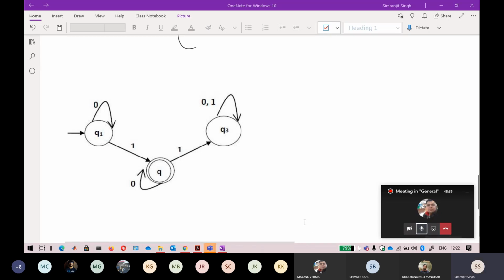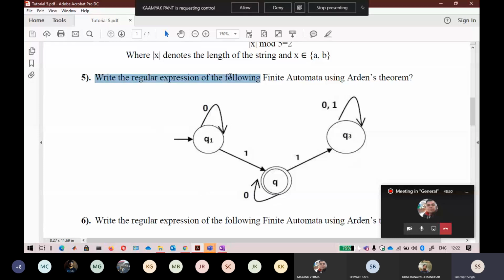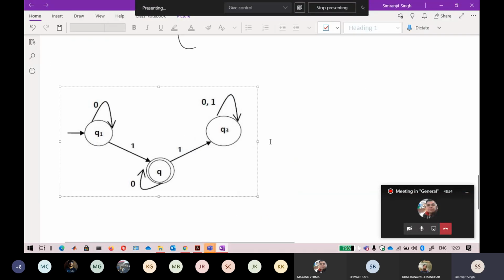Okay, so Vineet, you have to solve this by using Arden's method. Okay, so just try to derive a regular expression from it. Okay, so just write the question also. Okay, so you see this one, write the regular expression of finite automata using Arden's theorem.